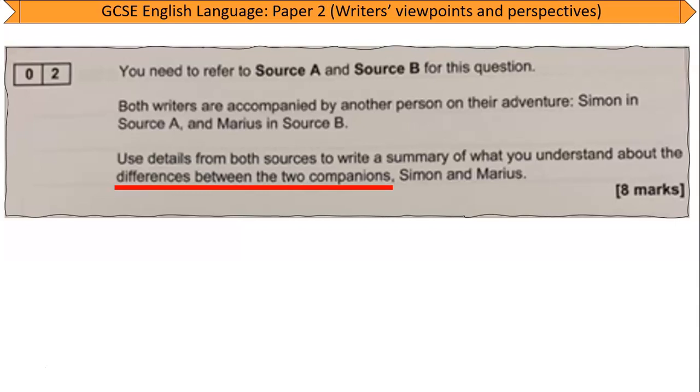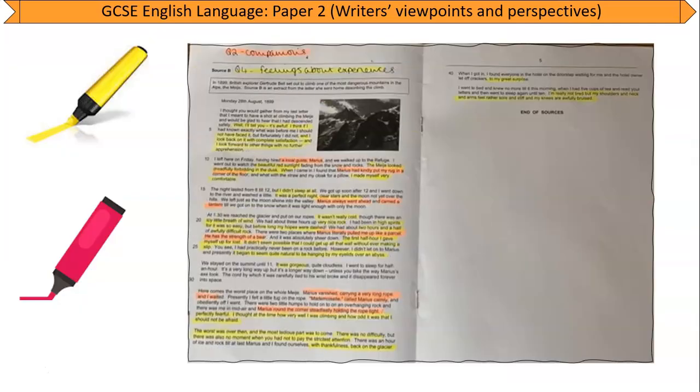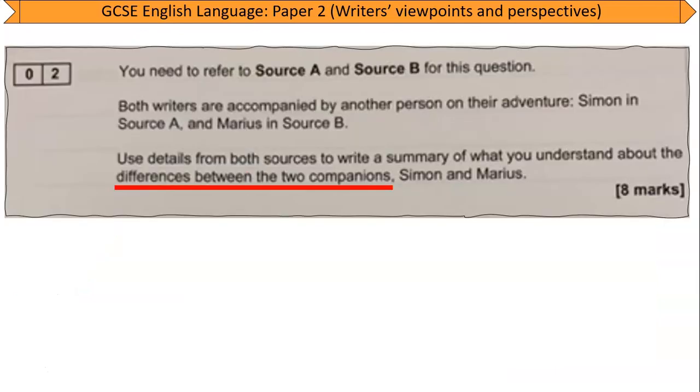This is a comparison question, and it asks us to refer to all of source A and all of source B. And it tells us both writers are accompanied by another person on their adventure, Simon in source A and Marius in source B. We are being asked always for question 2 to write a summary of what we understand about the differences between the two companions, the differences between Simon and Marius. In what way are the companions different?